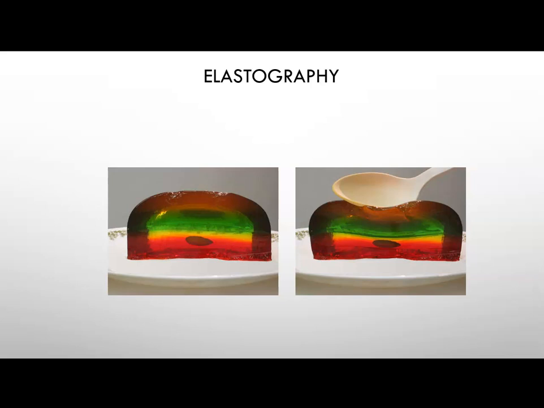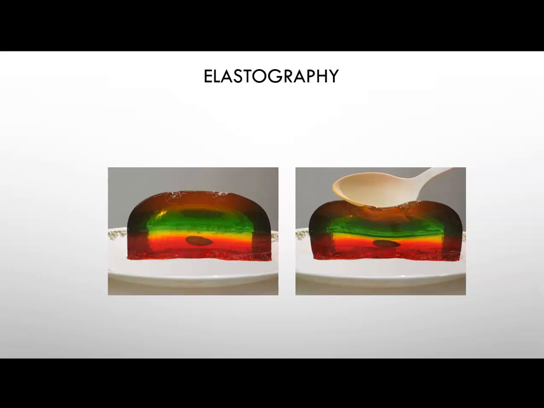So the spoon is applying the force, and what we measure then is the strain, the deformation of all the tissues. And what we find is that the jello deforms a lot and the almond deforms very little, and we can say therefore that the almond is hard compared to the soft jello.